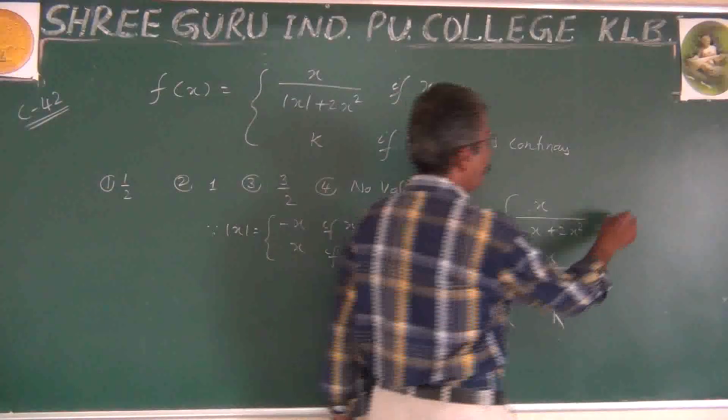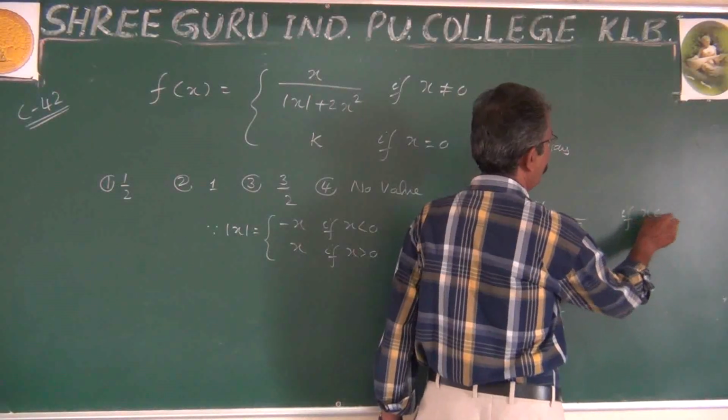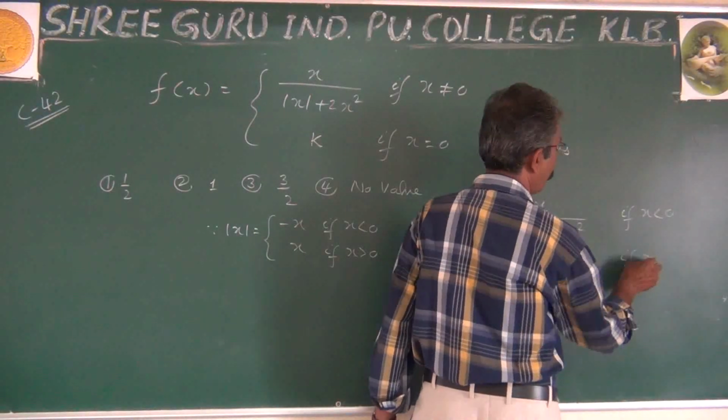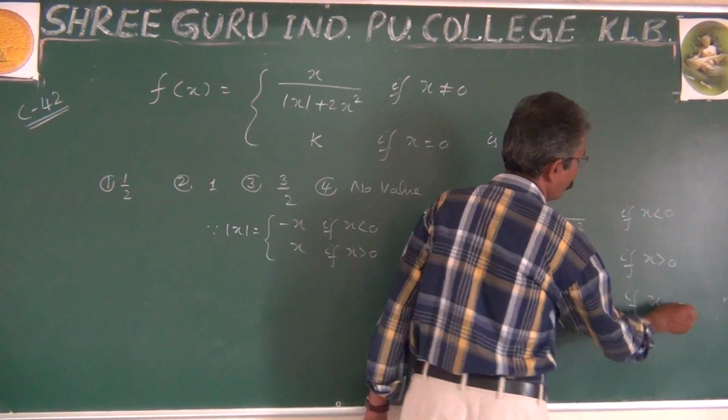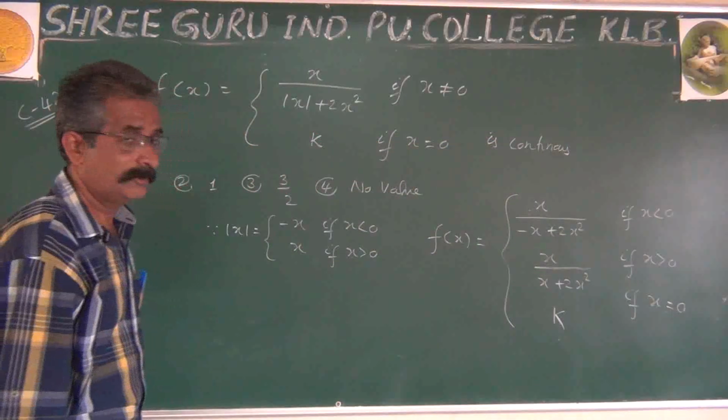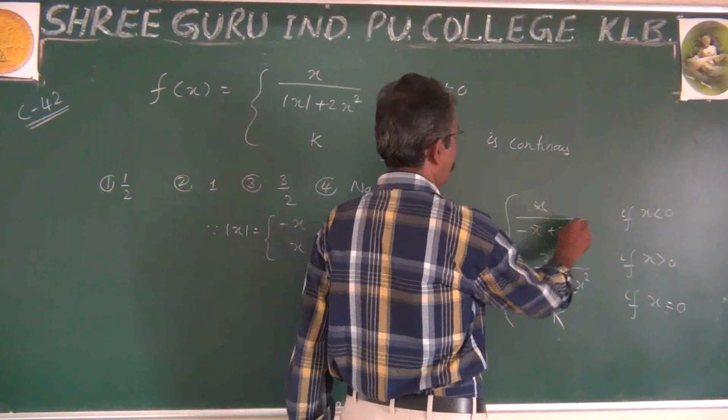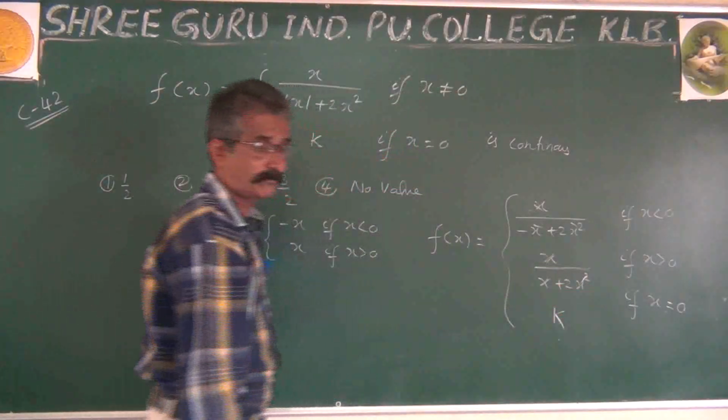First one if x is negative, second if x is positive, third if x equals 0. Here x cancels out, here also x cancels out.